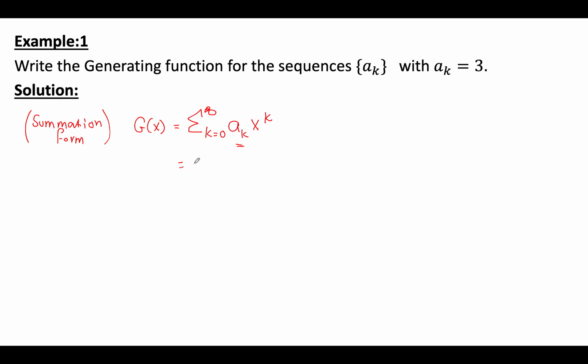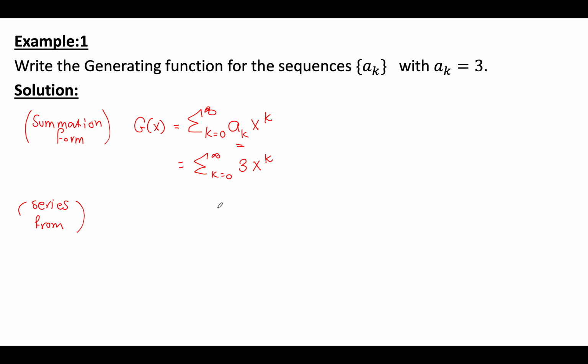So this is equal to the sum from k equals 0 to infinity, where a_k here is equal to 3, then x to the power k. Now, if I use the summation form to produce the series form, how do I do so?